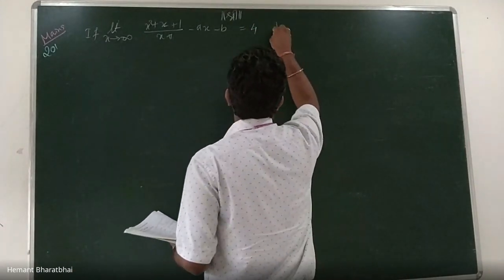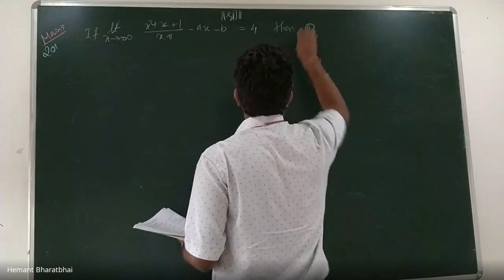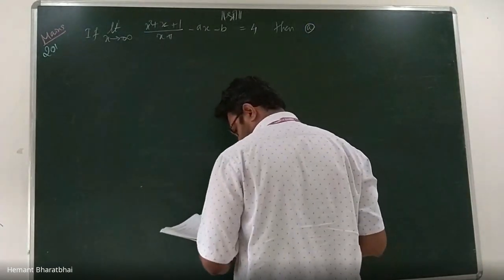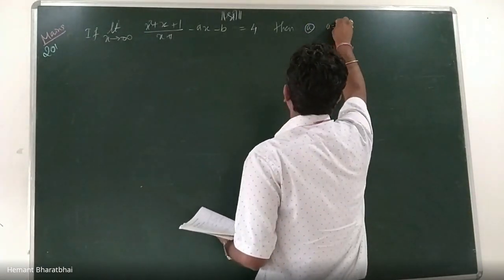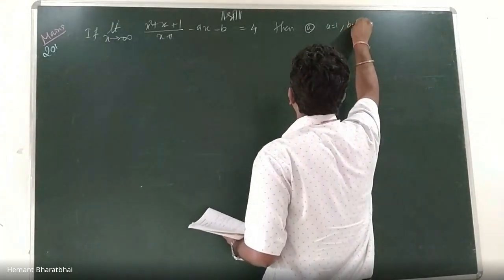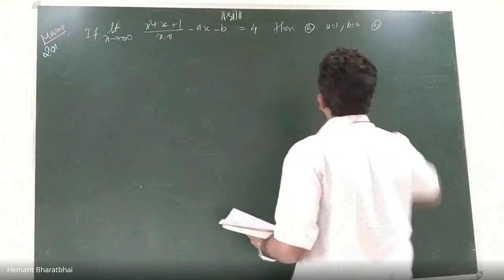Then option A, a is equal to 1, b is equal to 4.